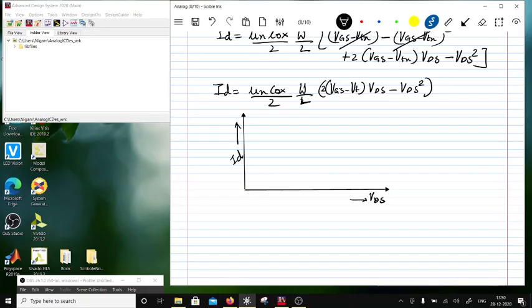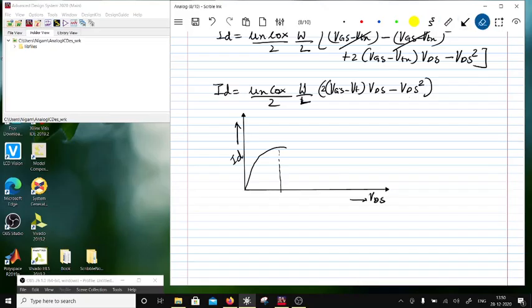Then at smaller values of VDS, the second term would be negligible because it's VDS squared. So at very low values of VDS, Id and VDS are linear functions, so it will grow linearly and then it will become parabolic in nature, and at a certain point the pinch off occurs.